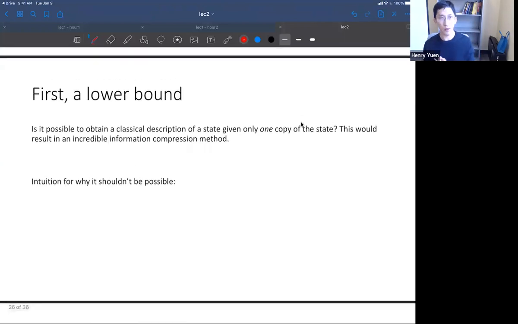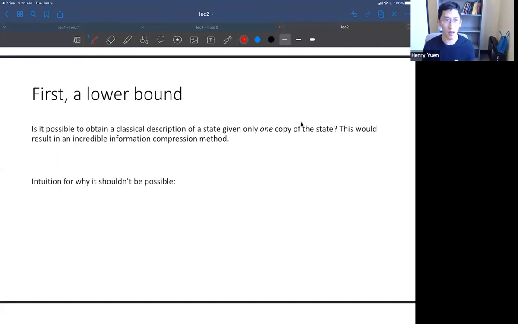Okay, actually, yeah, so Yuval was already thinking ahead. Some intuition for why it shouldn't be possible to do tomography with one copy of the state. Remember that I said at the end of the lecture last time that quantum states seemingly contain tons of information, like an n-qubit state requires 2 to the n amplitudes to describe, right?